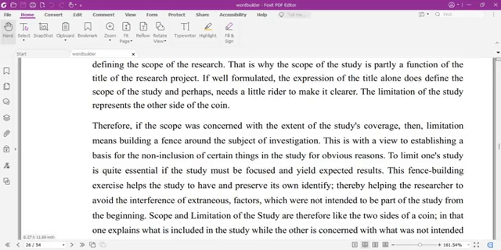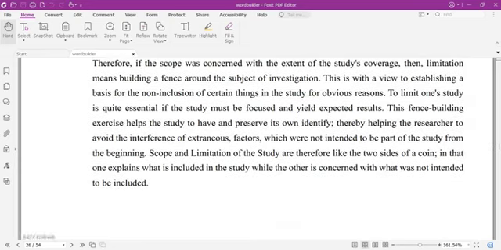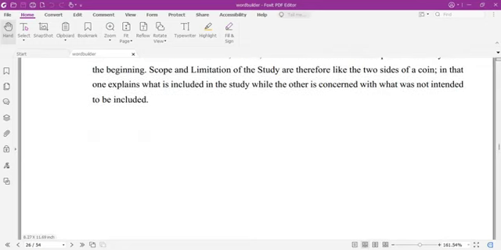One explains what is included in the study, while the other is concerned with what was not intended to be included. Scope, the overall thing that is supposed to be included in the study. Everything, the overall view. Then limitation, what is not intended, limiting you to a particular place, not going beyond it.